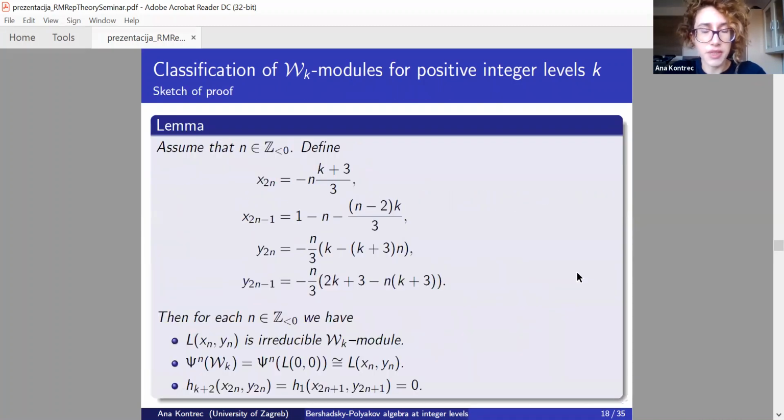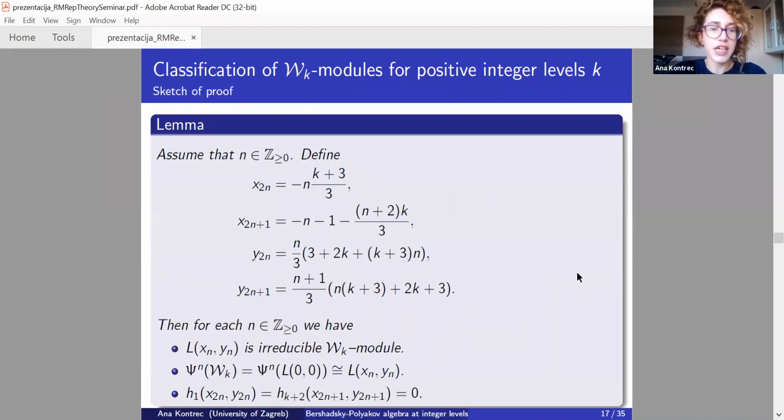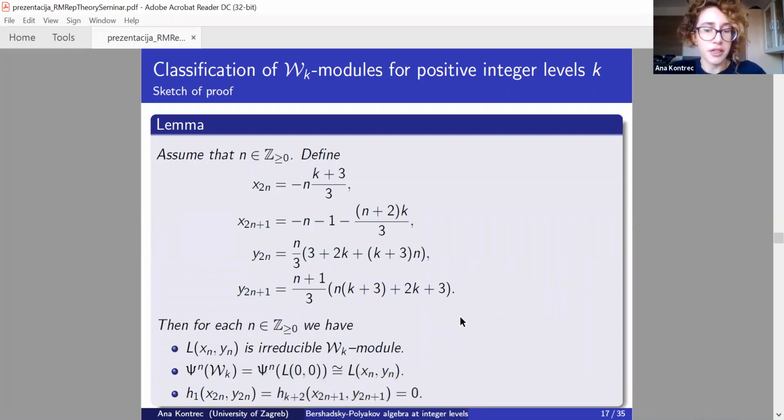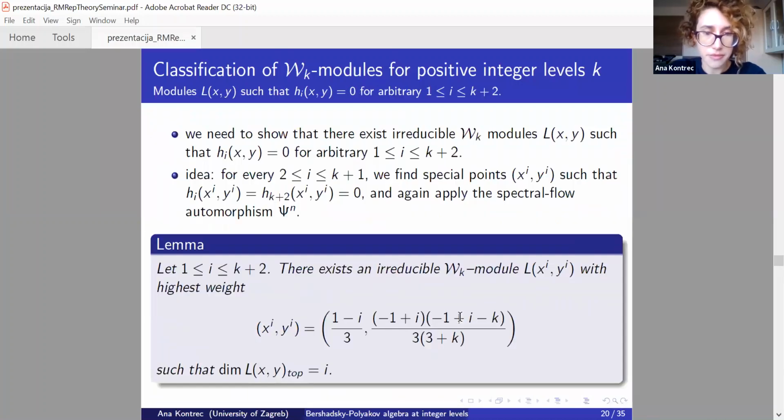Here the crucial thing was that we started from L00, which we knew to be a module, and this enables us to get other modules. And here we get this point, from which we can start, which we know to be a module, and which then gets us other points.